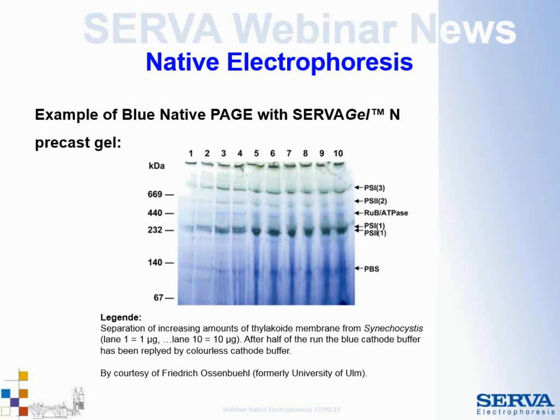And during the electrophoresis, so after one half or two thirds of the run, the blue cathode buffer is replaced by a colorless cathode buffer. The reason why this is extremely useful, I will give you later on, because blotting is also an issue.